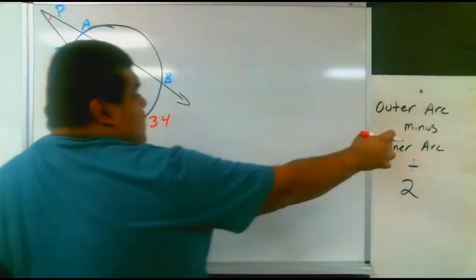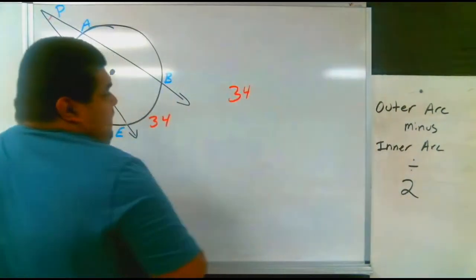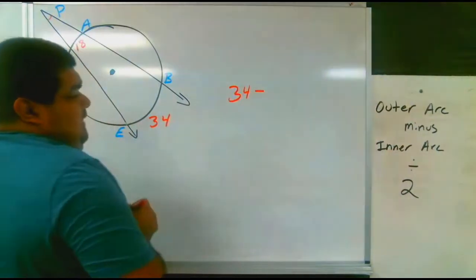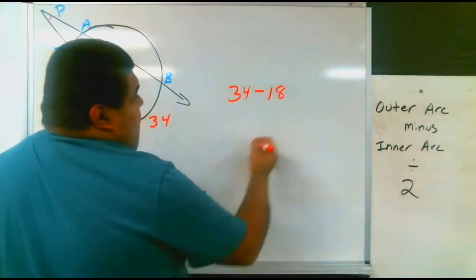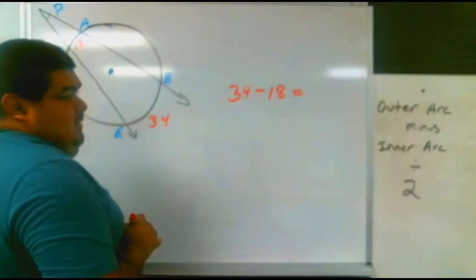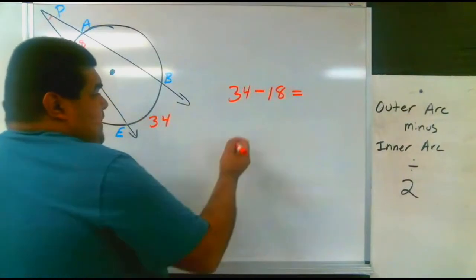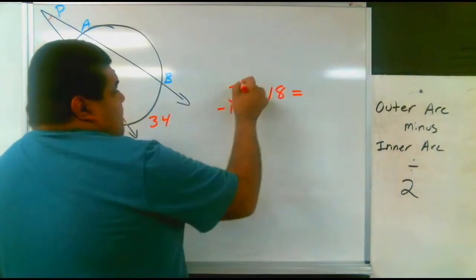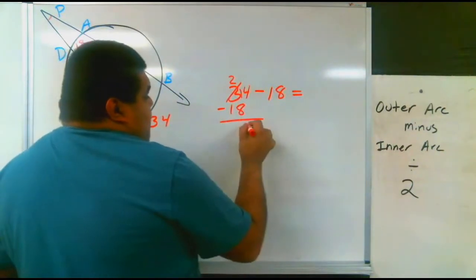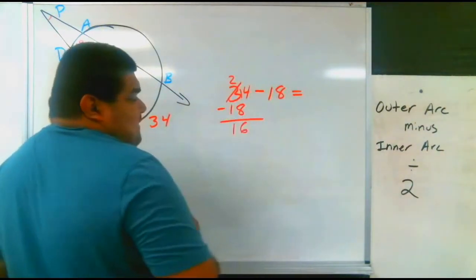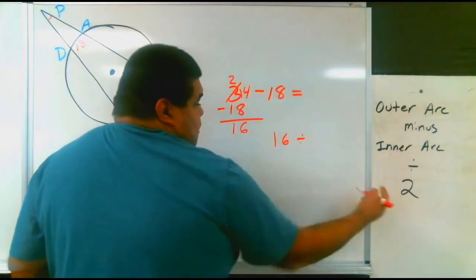Again, we have outer arc, which is 34, minus inner arc, which in this case is 18. Whatever answer we get, we divide by 2. So 34 minus 18, we're going to do it the old-fashioned way. We borrow, so we have 14 minus 8, which is 6, and 2 minus 1 is 1, so we have 16 divided by 2.